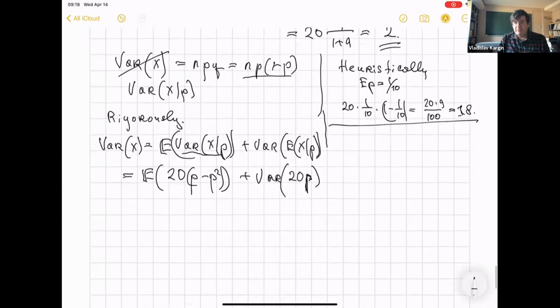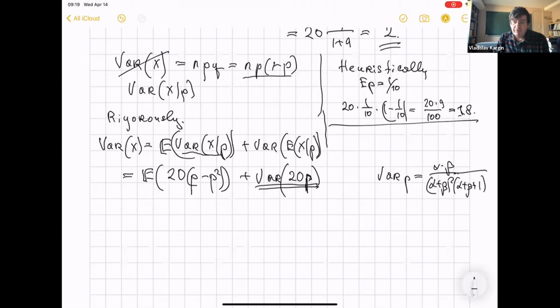Right? So now here's a little bit more complicated calculation. First of all, look at the variance of 20p. Well, we don't remember it, we'll need to look it up, but for the beta random variables, the variance of the beta distribution is equal to alpha multiplied by beta, over alpha plus beta squared, alpha plus beta plus 1.